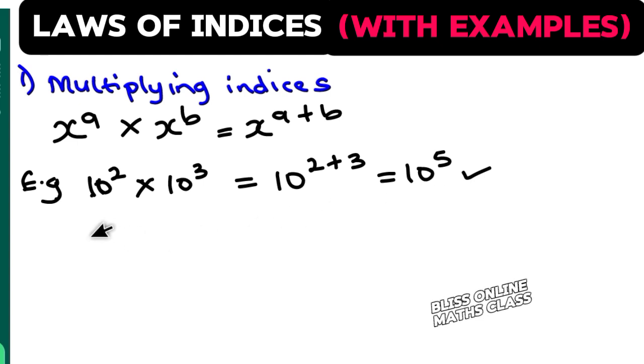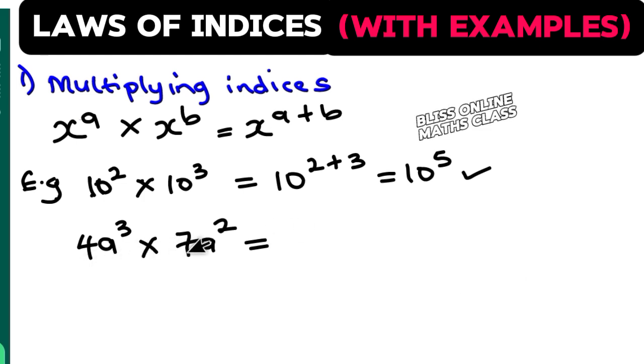Another example is 4a raised to power 3, here we have a coefficient of a, multiplied by 7a raised to power 2. Here we have the base and a coefficient. So how do we solve this? We multiply 4 times 7.